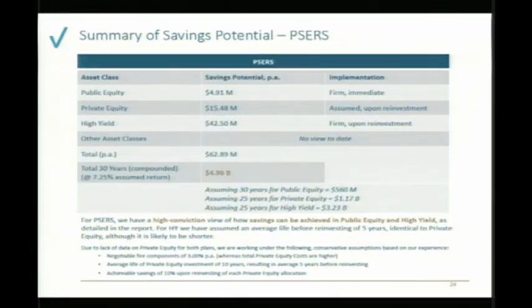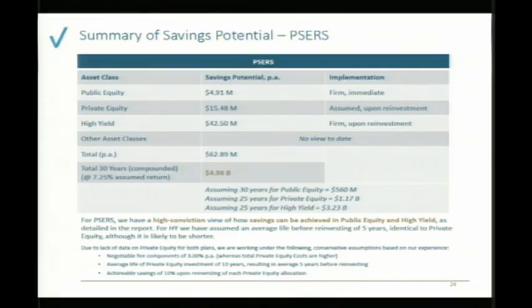For PSIRS, we actually think that the savings potential is quite a bit higher, and this is primarily due to the high yield allocation that we have mentioned before, where the managers have kept 93% of the gross alpha over the last 10-year period. We also believe that the asset class is simply overpriced. You can access this asset class significantly cheaper.